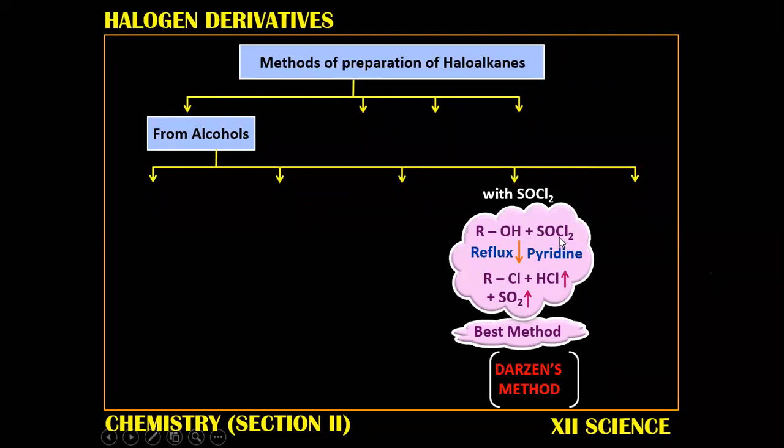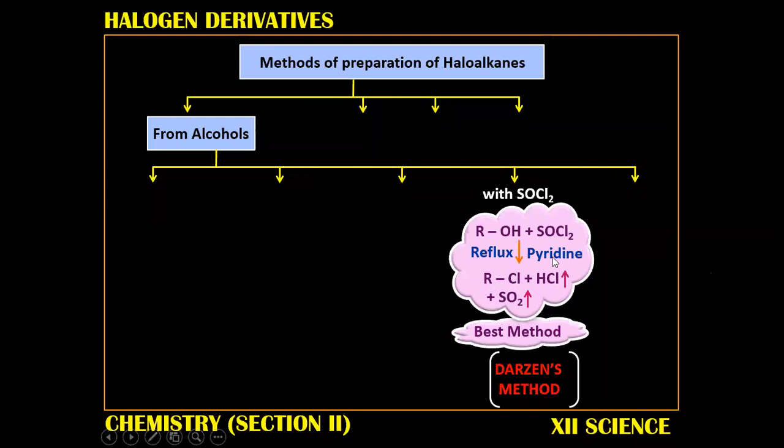Thionyl chloride. When alcohol reacts with thionyl chloride, we get RCl, HCl and SO2. Now this is the best method. Why is it called the best method? Because sulfur dioxide gas escapes, and HCl, being acidic, is absorbed by pyridine.